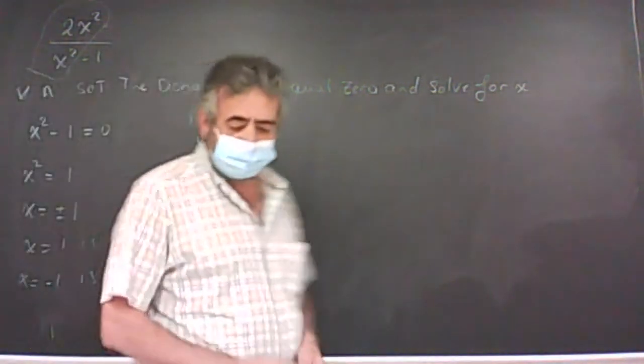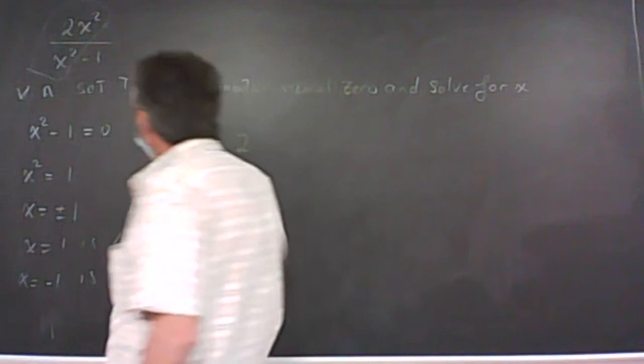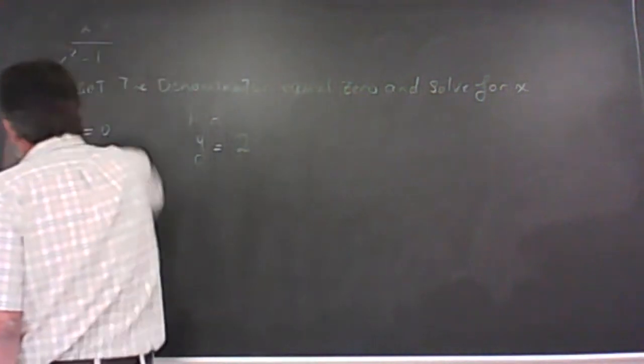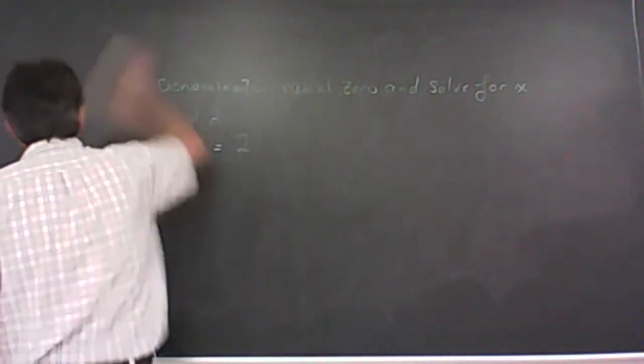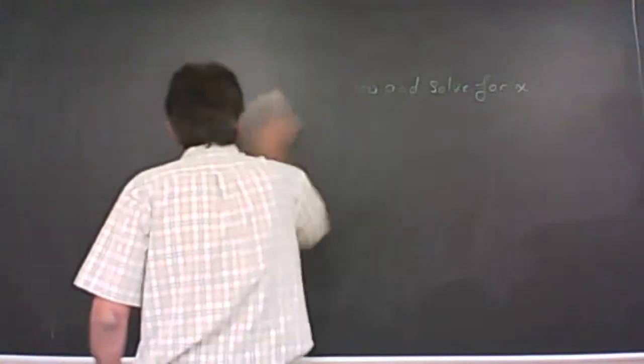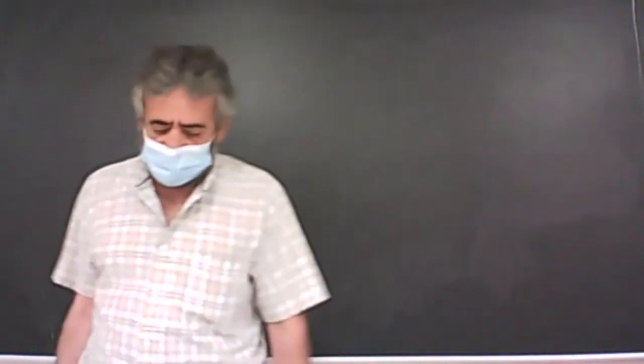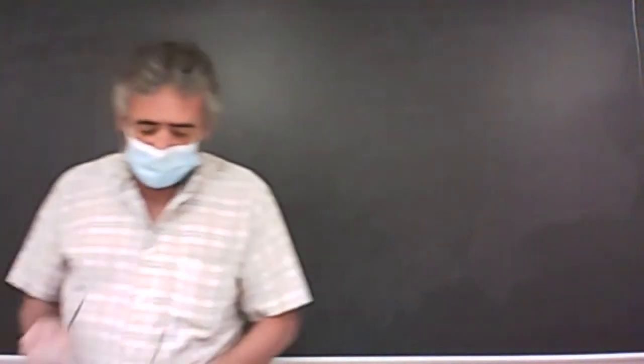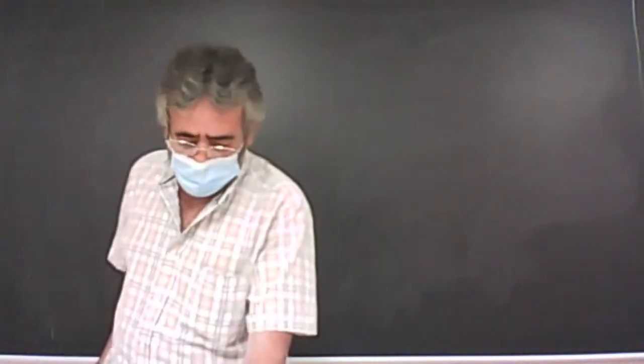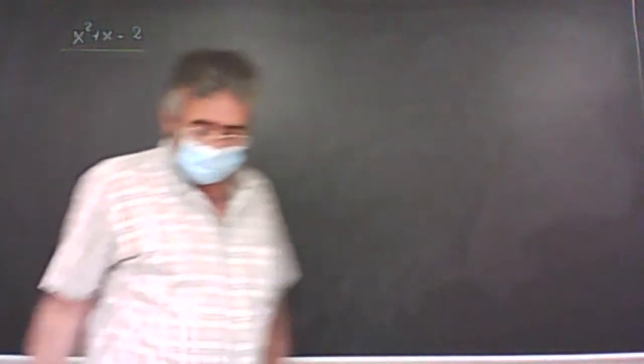Let's do another example. Say, for instance, you have x squared plus x minus 2 divided by x squared minus x minus 6.